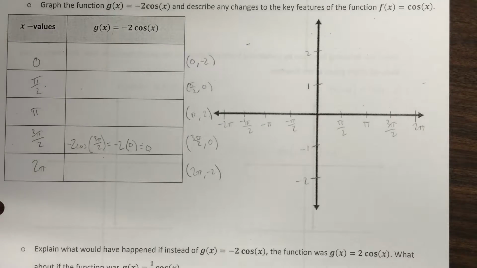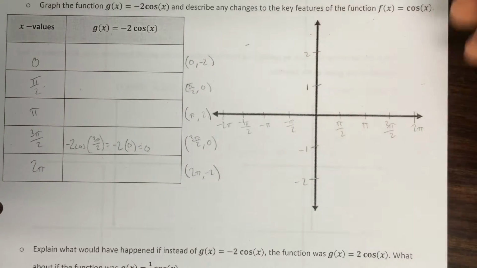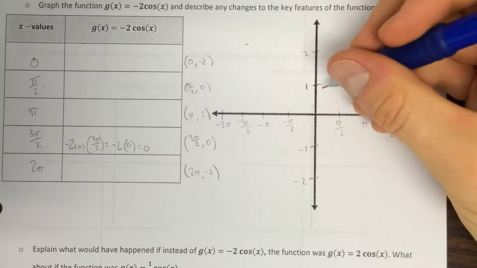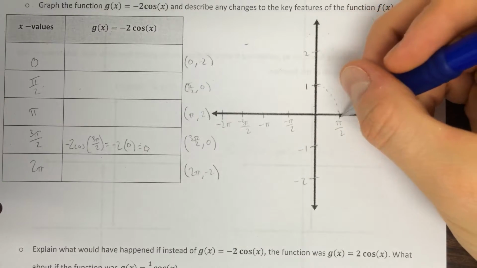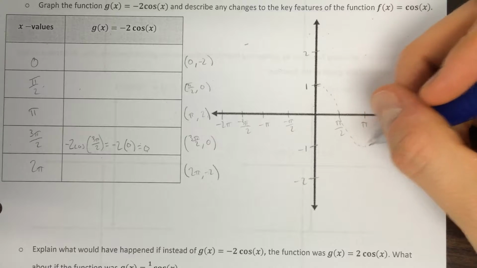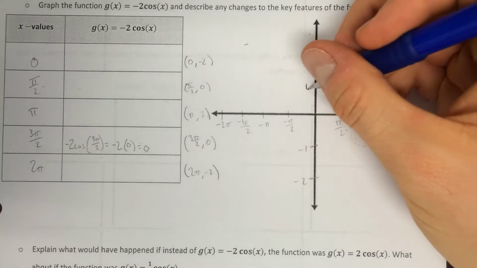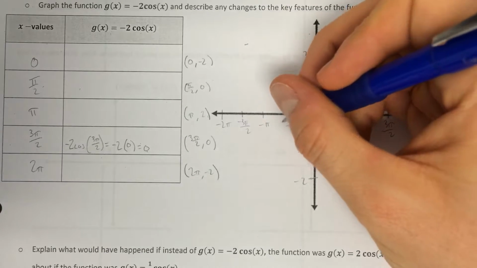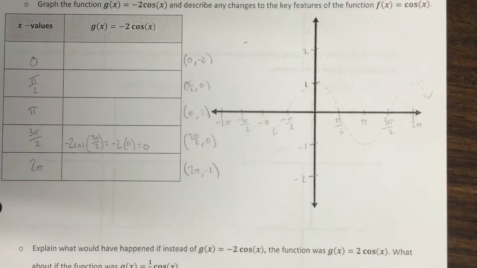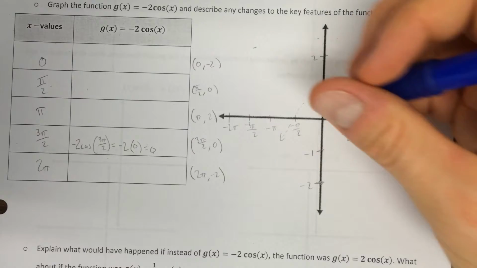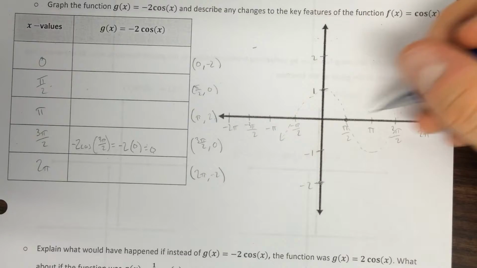Now to see the transformations, I'm going to go ahead and draw the parent function. If you don't want to do that, that's fine. But since it's cosine, we quote unquote start at 0, 1. And then our function behaves like this. And we could go in the negative direction. I'm just going to do that. And now let's plot the other points. 0, -2. Pi over 2, 0.